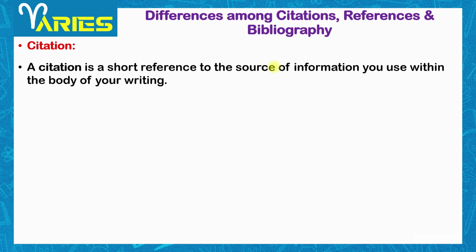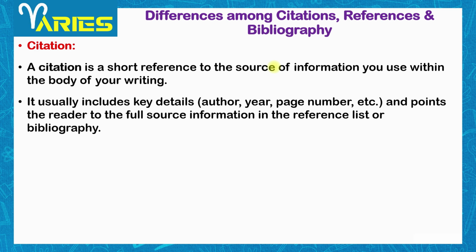So citation is a short reference to the source of information you use within the body of your writing. So citation is always in text. That means it is included in the body of writing, in the paragraphs, at the end of the sentence that you have taken from a particular source.